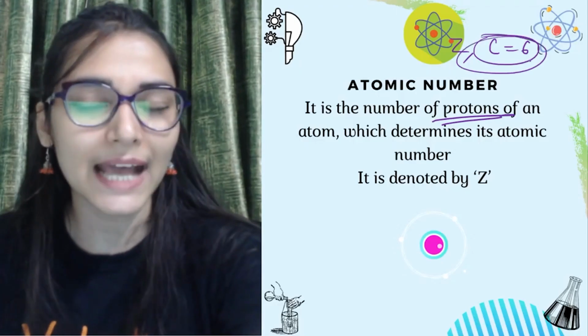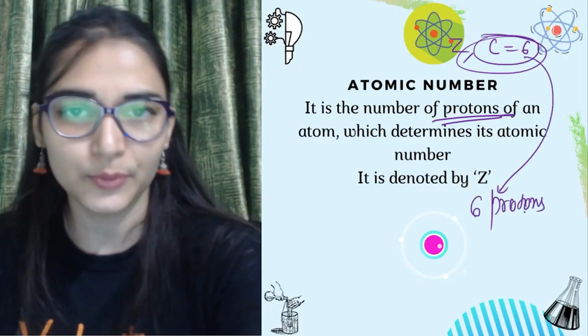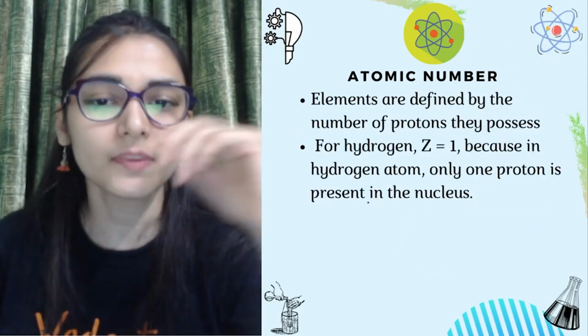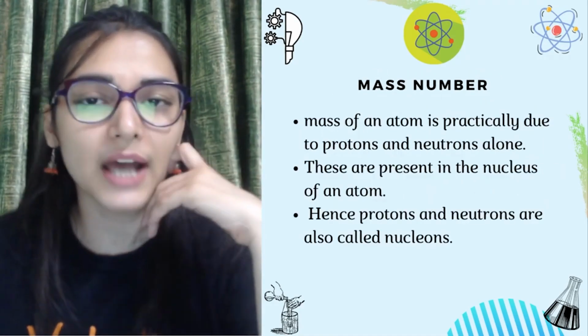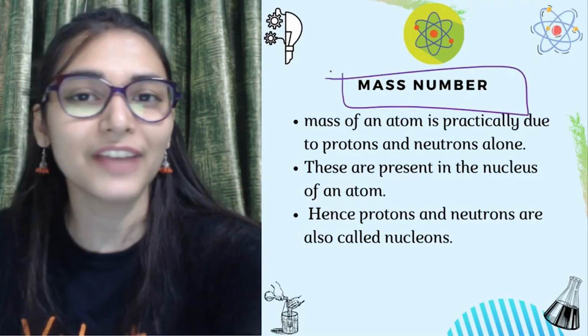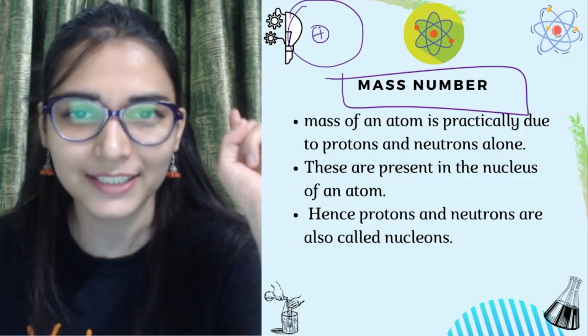So if carbon has atomic number 6, it means carbon is having how many protons? 6 protons. And denotation is done by capital Z. Okay, so that is simple written. And if you are asked about the mass number, बताओ mass number क्या होता है? Mass number is where exactly the mass of an atom is lying in the nucleus, है ना?